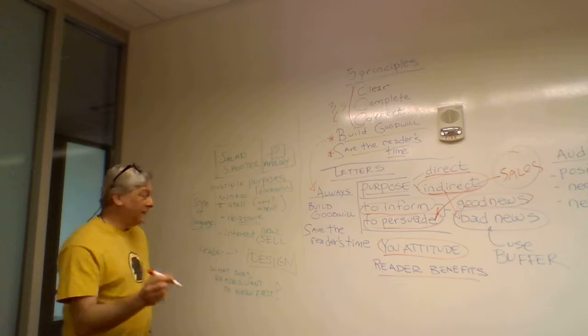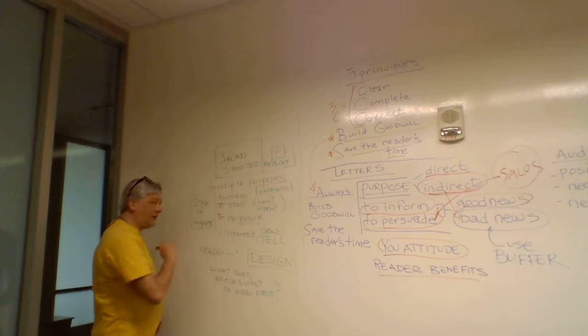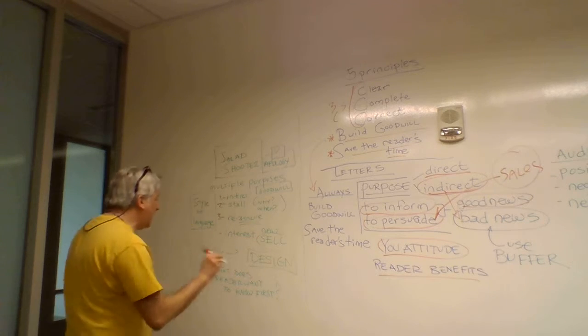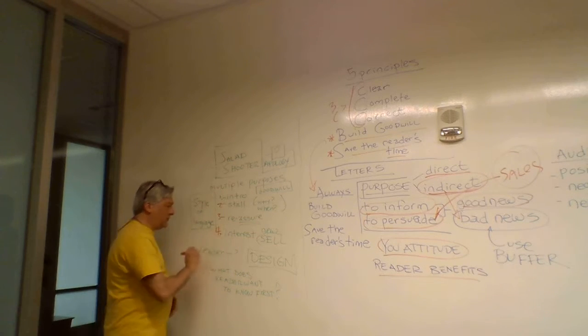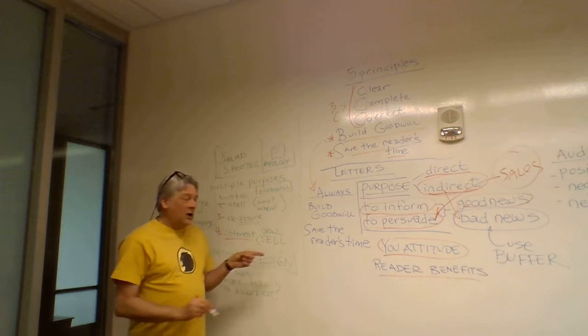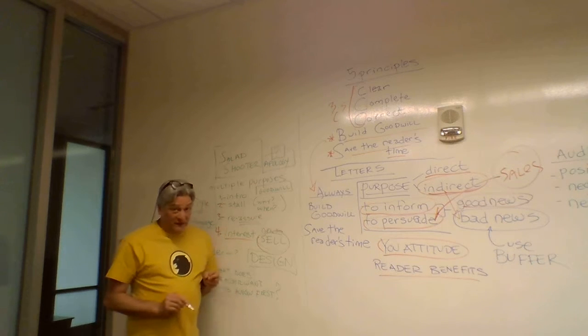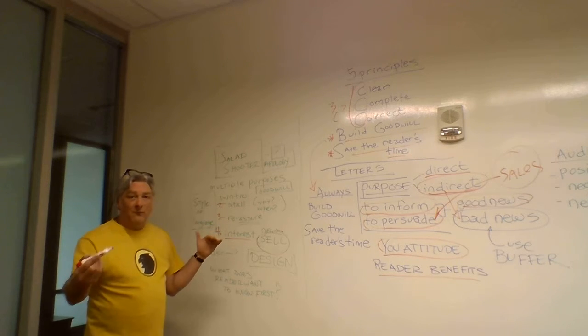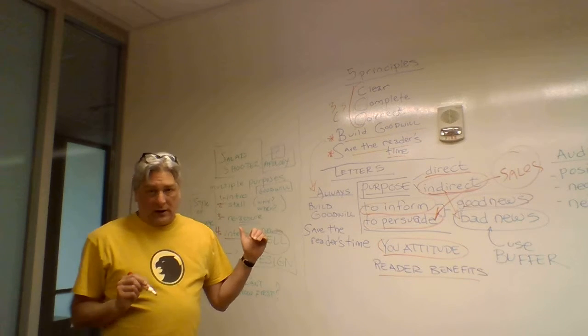But you need to explain that. You need to reassure them that the company is doing well, because you want their continued business, and then you want to pitch for their continued business and interest them in new products, which means that you want to try to sell them stuff. Now, just because the purposes are listed in this order does not mean that your letter should be organized like that.